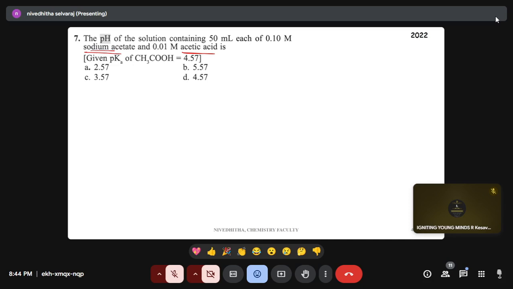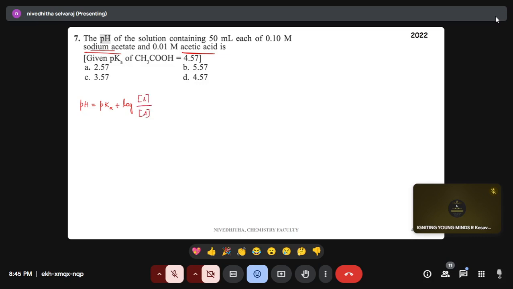So we know the formula to calculate the pH of an acidic buffer, right? Yes ma'am. So what is the formula? pH is equal to pKa plus log base 10 conjugate base by weak acid, ma'am. Okay. Concentration of conjugate base by the concentration of acid. Right. So to find the pH of an acidic buffer, the formula is pH equals pKa plus log concentration of salt by concentration of acid.